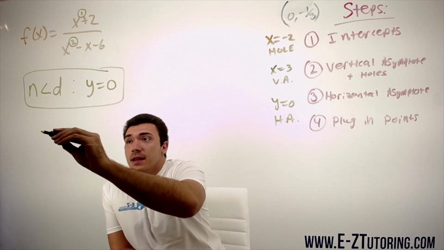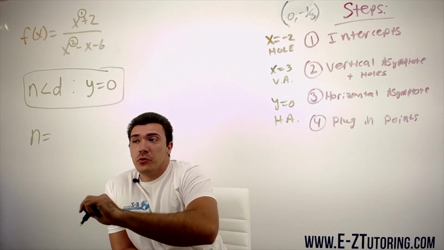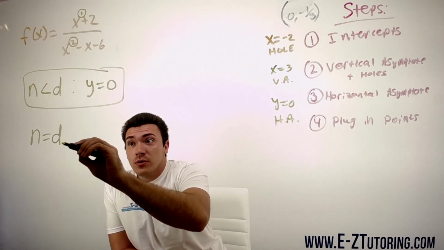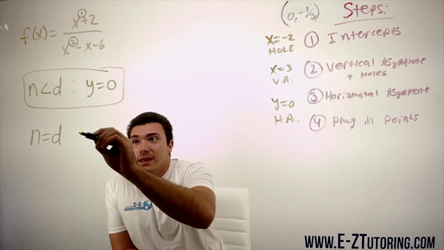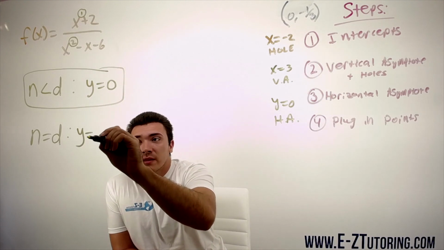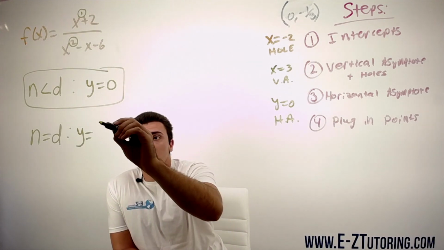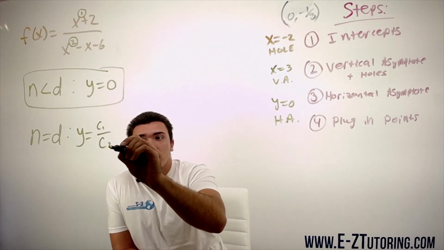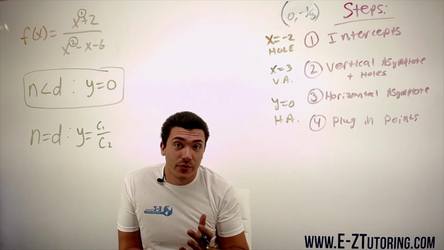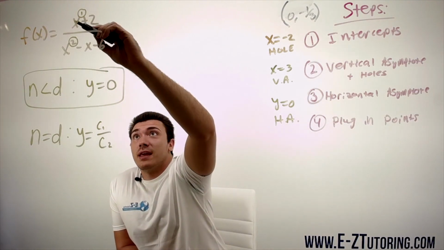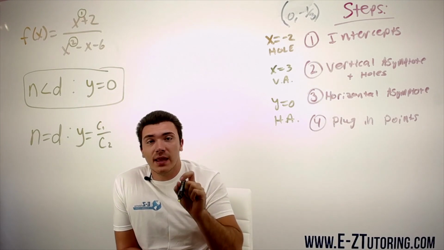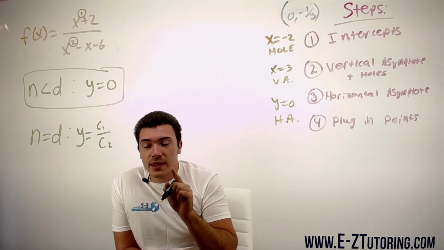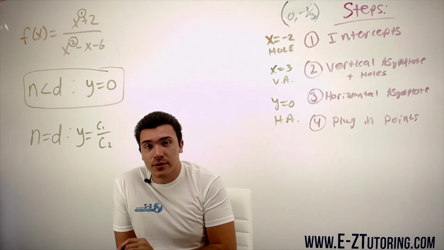Say in the case that the degree of your numerator is equal to the degree of your denominator. In that case, your horizontal asymptote will be equal to your first coefficient over your second coefficient. What does that mean? You take the coefficient in front of the x's with the highest degree.